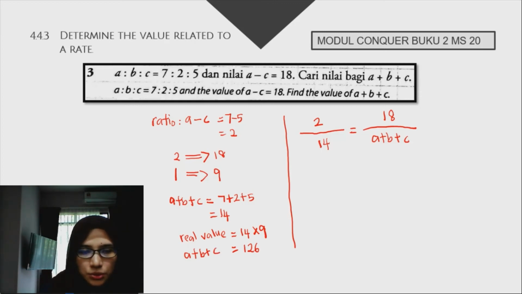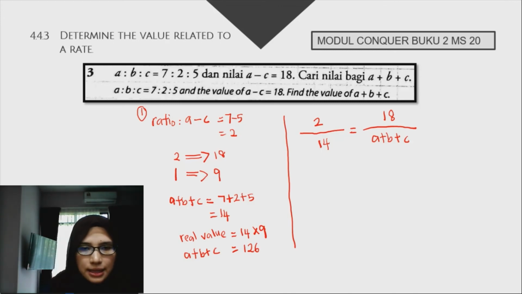If you want to use the comparing method, the unitary method, the method number 1, you must always write down what you are comparing. This one is writing down ratio. So I'm calculating the ratio and I'm comparing one ratio to the real value. So this one, a plus b plus c, is my total ratio.